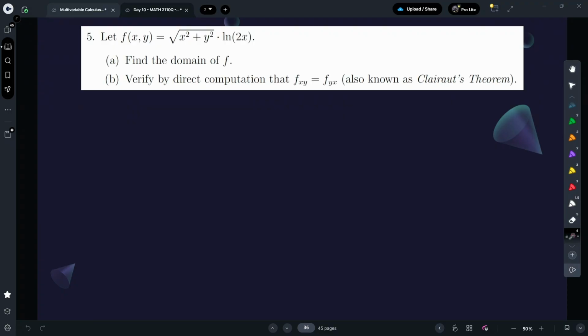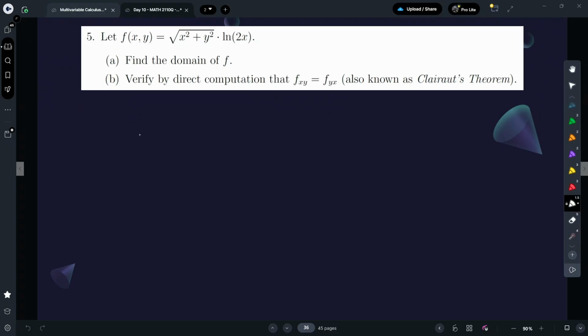The inside of a logarithm has to be strictly positive. Denominators cannot vanish. Other functions are not defined at some points, for example, the tangent cannot be evaluated at pi over 2 because it becomes infinite. Those points are not in the domain.